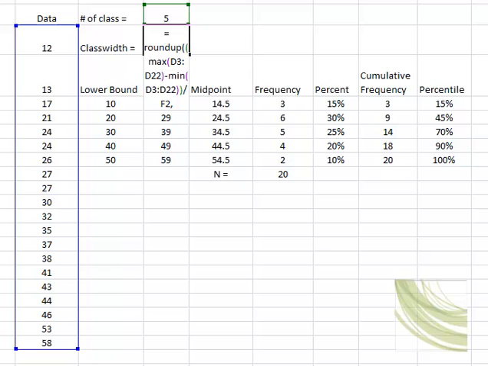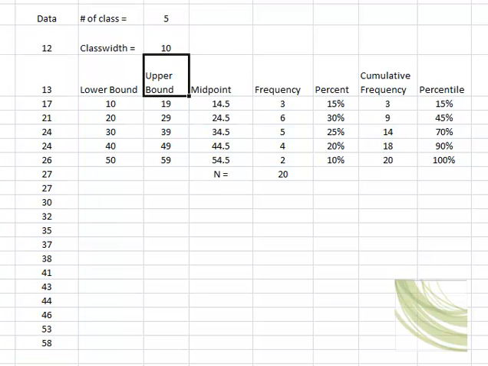Then enter 0 because all data are integers, so we don't want to have decimals for our class width. So now we have class width 10.